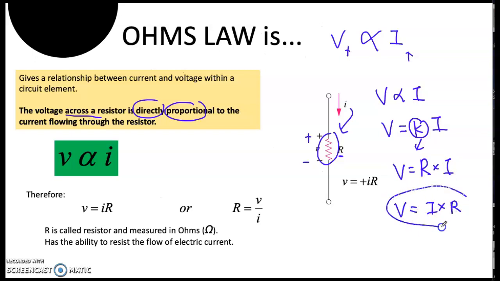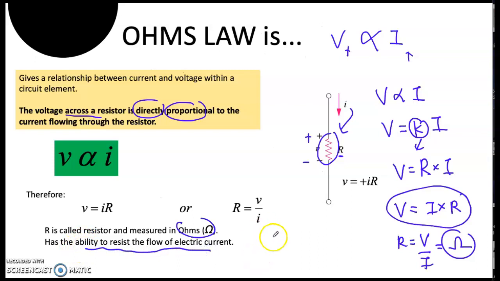This is what we call Ohm's law. R is the resistance, which is V over I, and it is measured in ohms. Resistance is the ability to resist. It blocks the current to reduce the current flow.